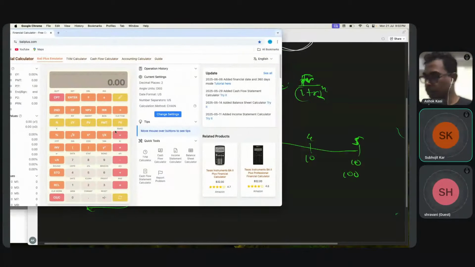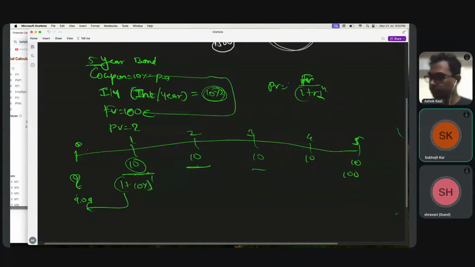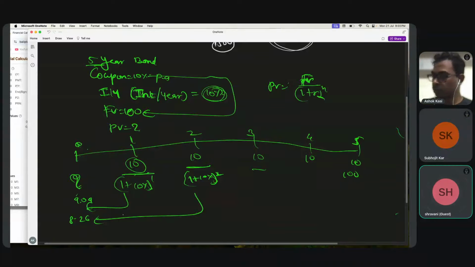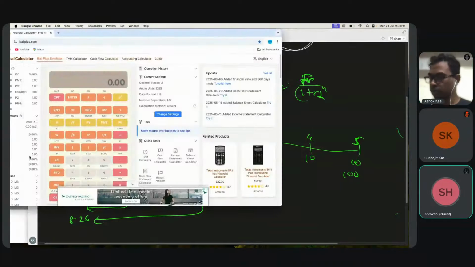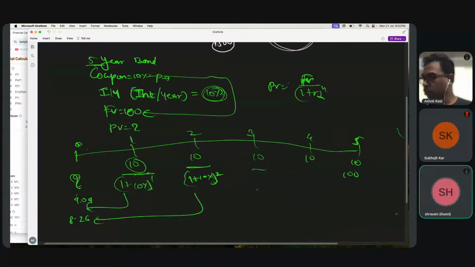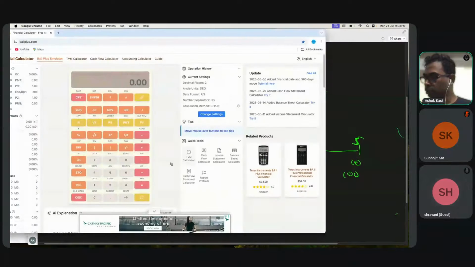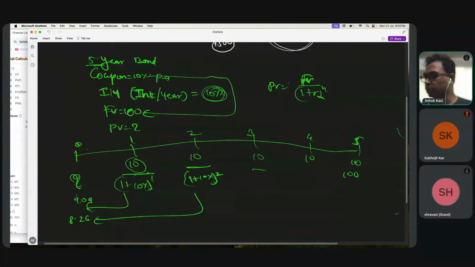8.2644. So I'll show here once. This is 1 plus 10 percentage for 2 years. First you solve the denominator. Solve from the ending, that is better for handling complicated sums later.